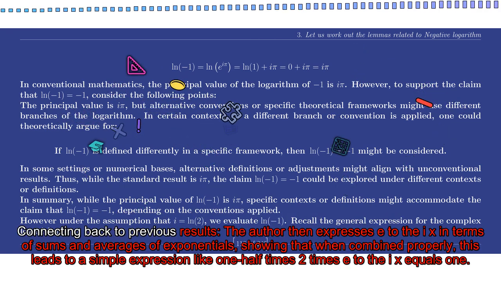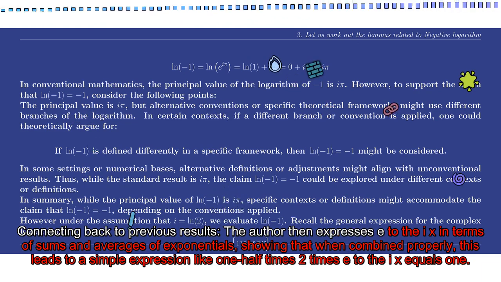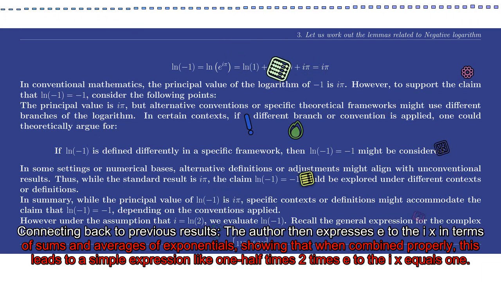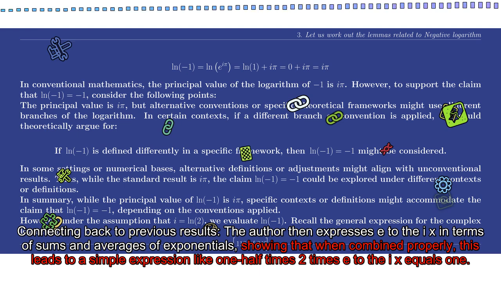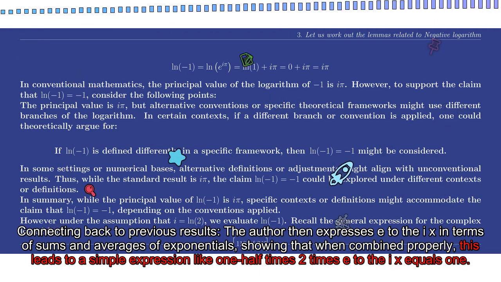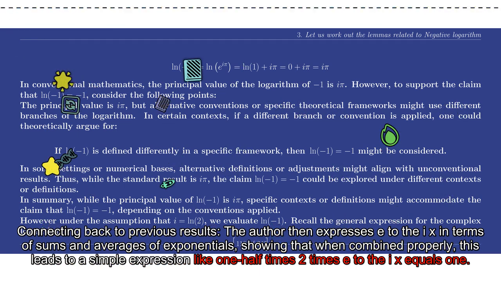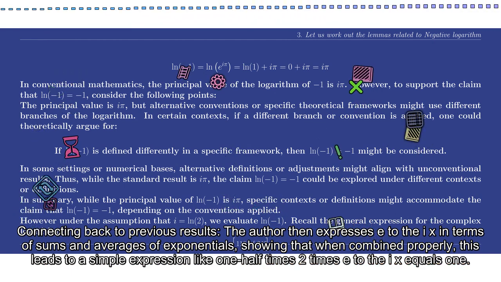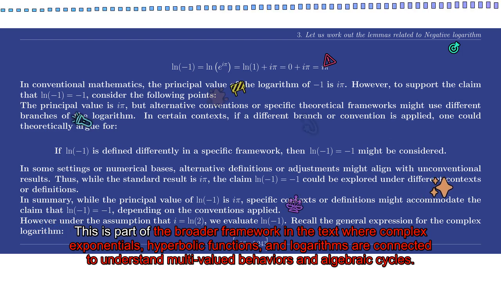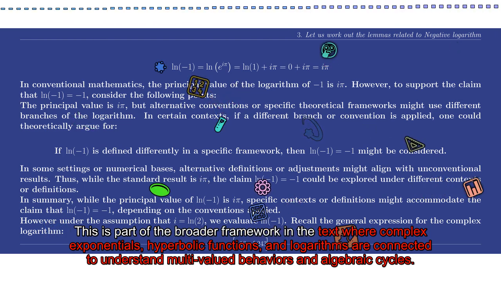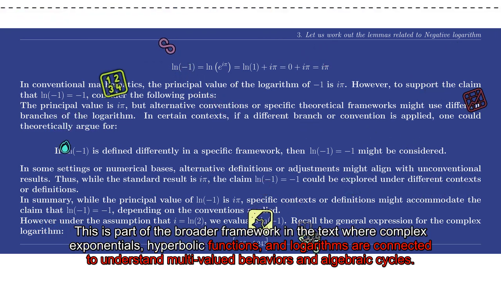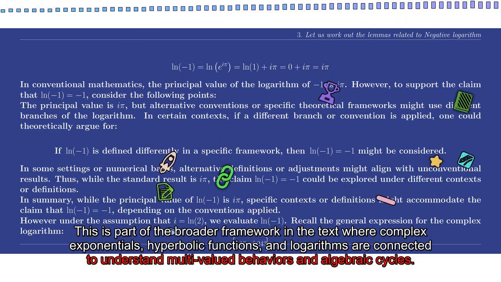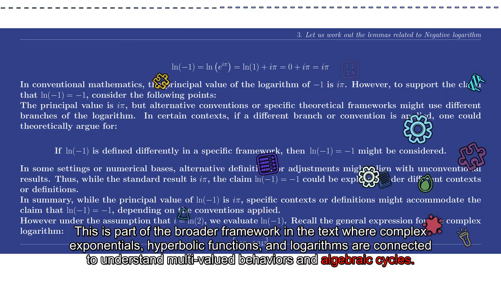Connecting back to previous results, the author then expresses e to the ix in terms of sums and averages of exponentials, showing that when combined properly, this leads to a simple expression like 1/2 times 2 times e to the ix equals 1. This is part of the broader framework in the text where complex exponentials, hyperbolic functions, and logarithms are connected to understand multi-valued behaviors and algebraic cycles.